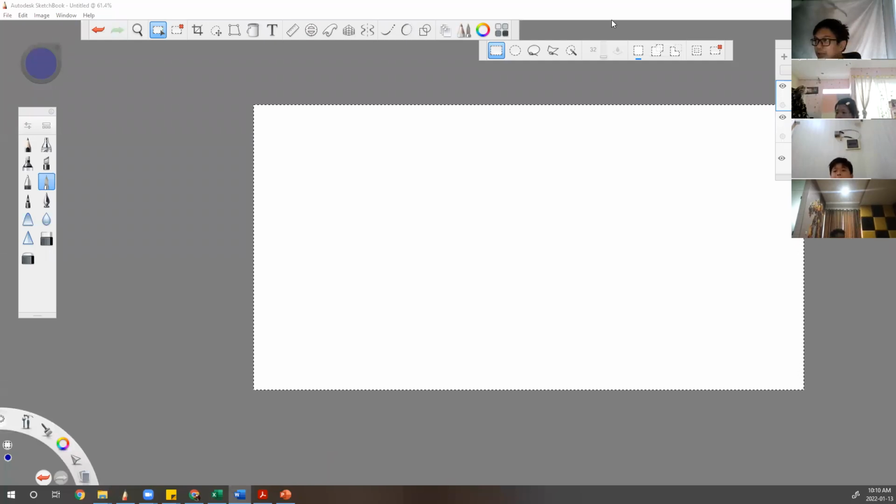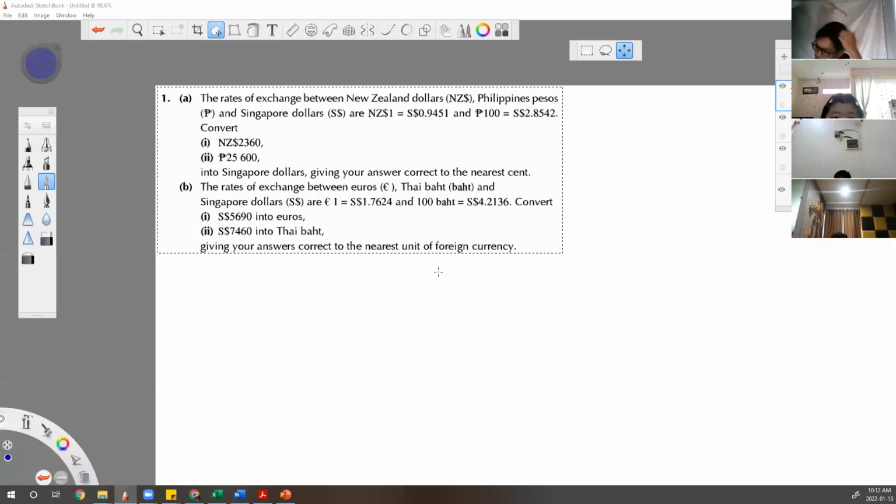Okay, so for number 1A, you perhatiin the rate of exchange between New Zealand, Philippines, and Singapore. Tulisnya gini aja. New Zealand, Philippines, and Singapore dollars. Dia pisahin gini.